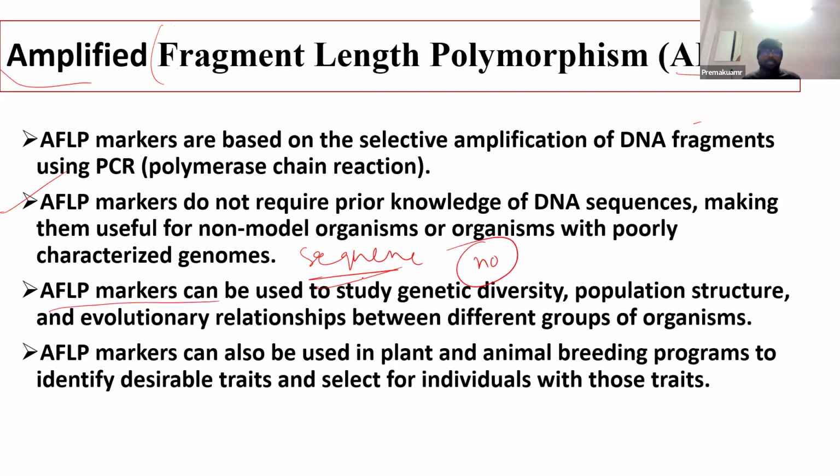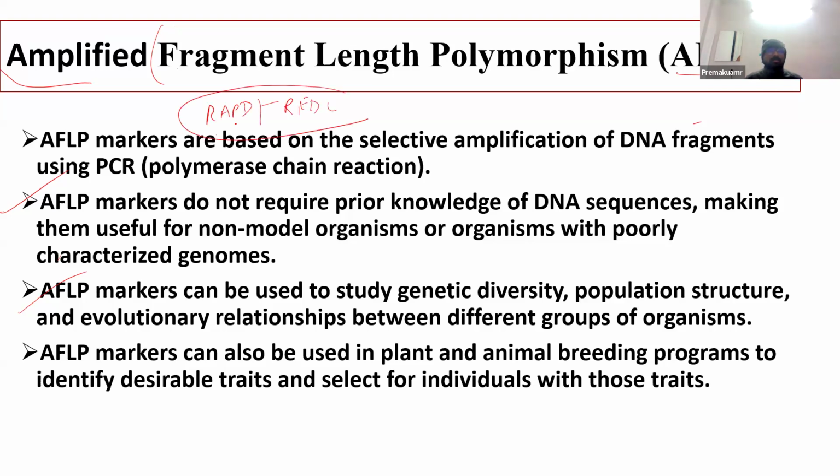AFLP marker can be used to study genetic diversity, population structure, and evolutionary relationship between different groups. Because we already studied what is the use of a marker, it can also be used for mapping, anything, because it has the combined advantage of both RAPD plus RFLP.